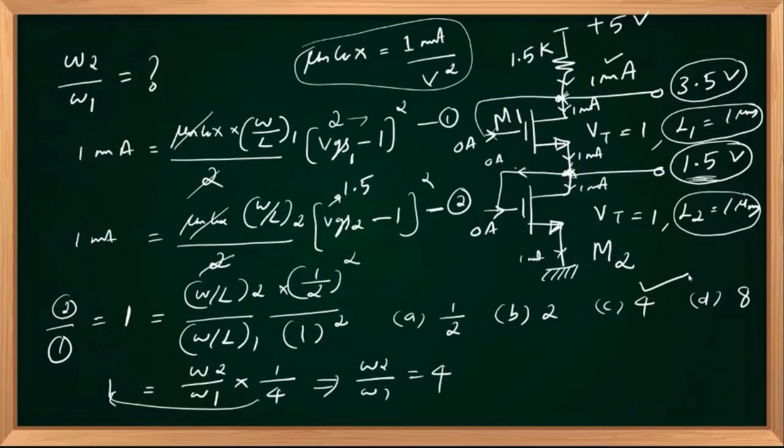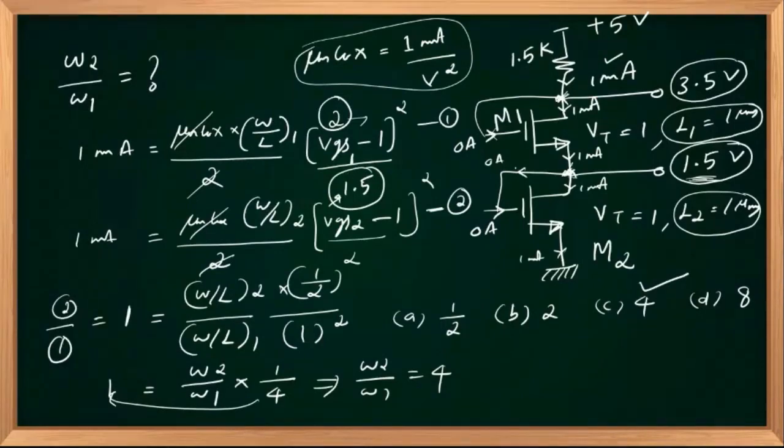And it is obvious that both transistors are carrying the same current, and that current is proportional to VGS1 minus 1 whole square, VGS2 minus 1 whole square. But VGS1 of the upper transistor is 2 volts, that is greater than VGS2 of the lower transistor.